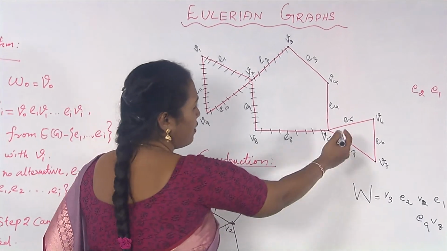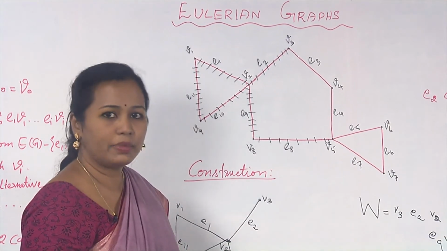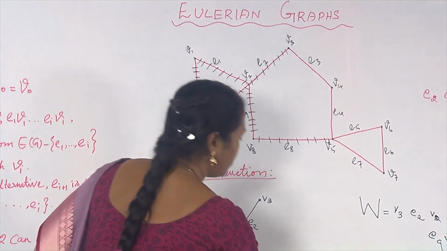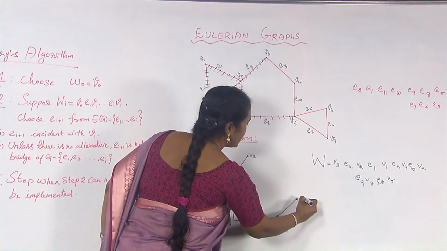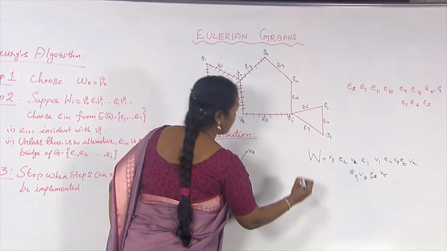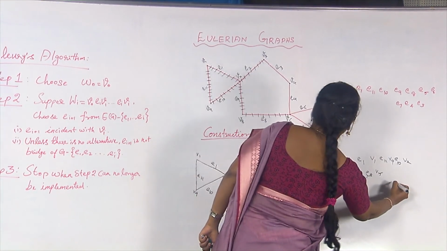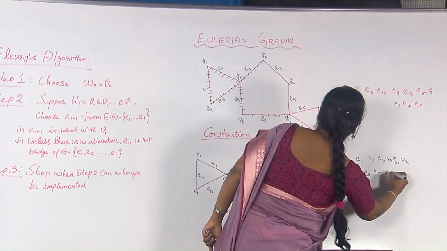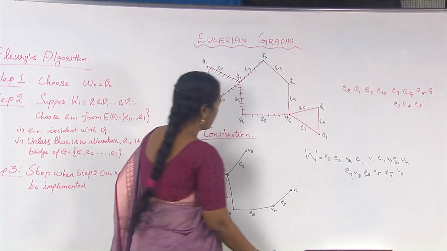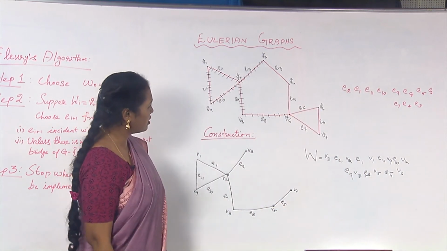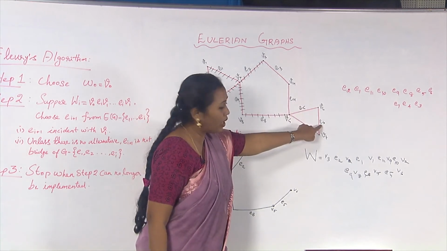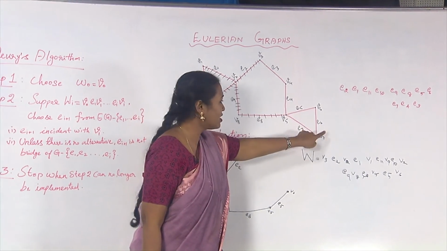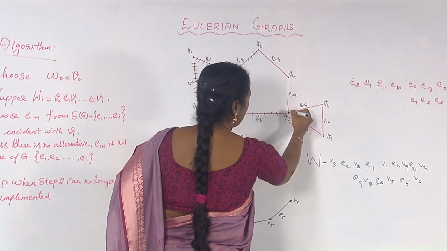And among E5 and E7, let me choose arbitrarily E5. Therefore, I am choosing E5. So, from here to V6, E5. This is the graph you have constructed, and then at V6 you have only one possibility, namely E6, and therefore, I add it to that.